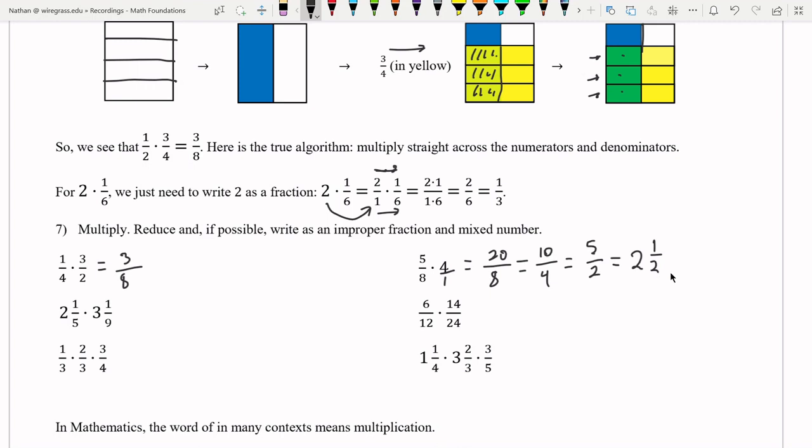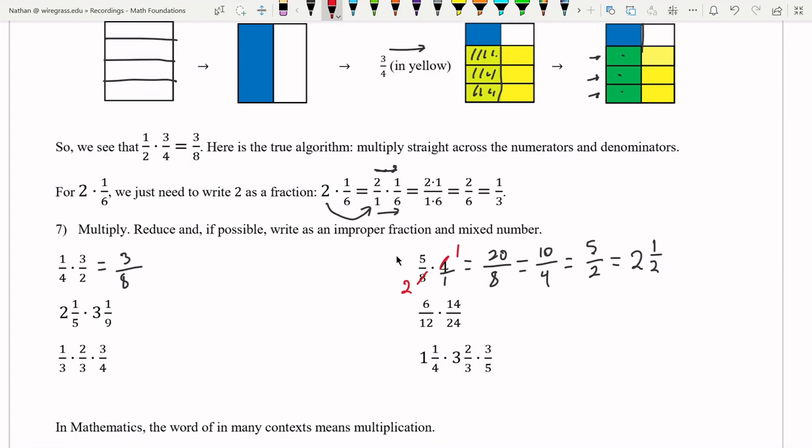Now, in this case, I can show you a technique that helps with multiplication of fractions, and that is what's called cross-canceling, or reducing before you do the multiplication. Here, because I'm multiplying, I can actually reduce the 4 and the 8. 4 divided by 4 is 1, and 8 divided by 4 is 2.